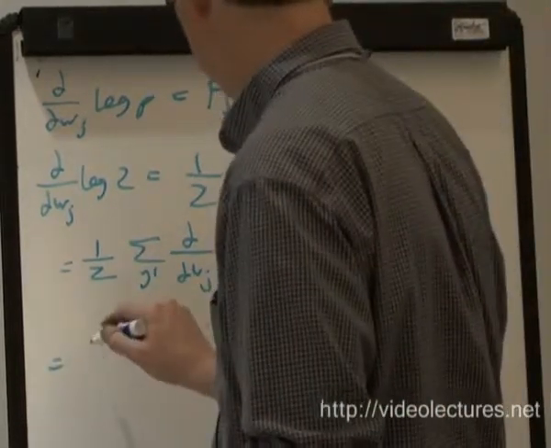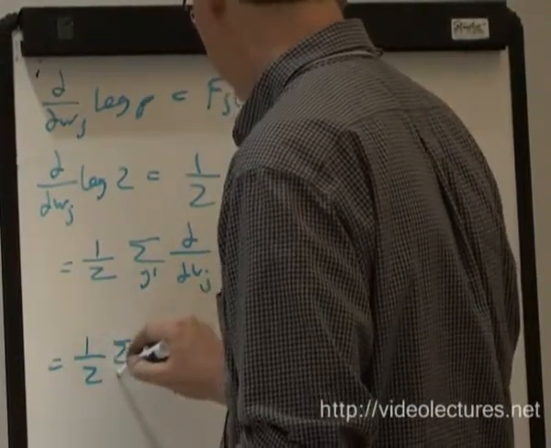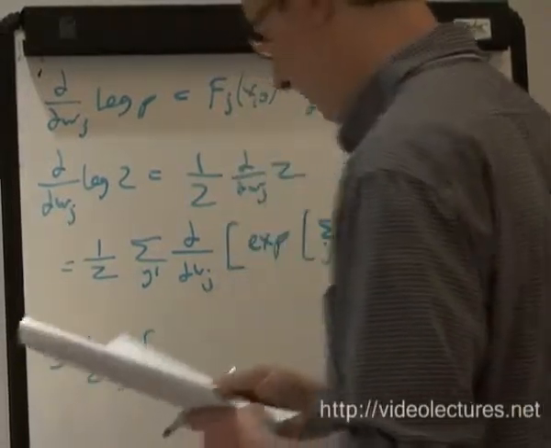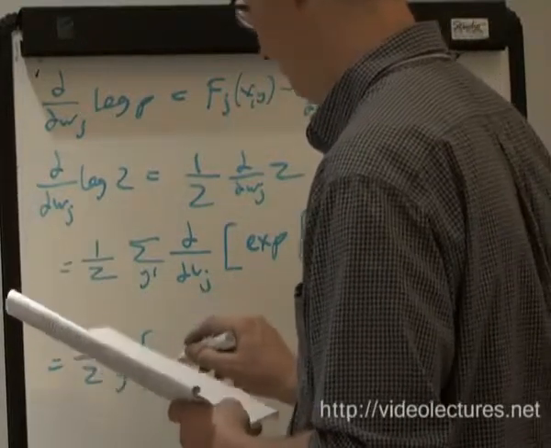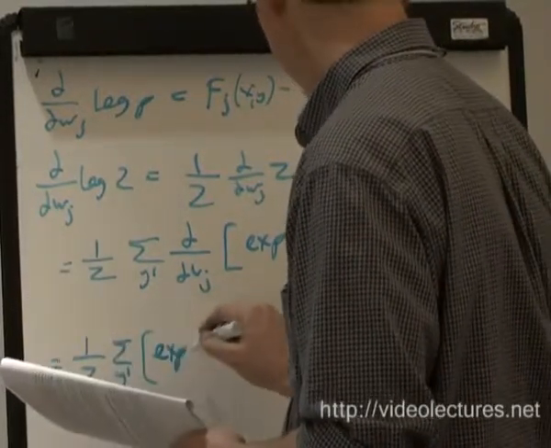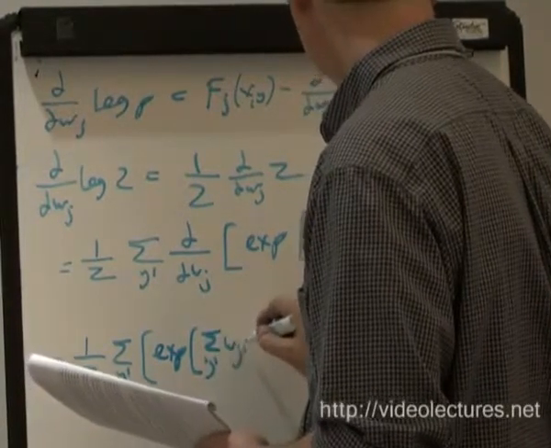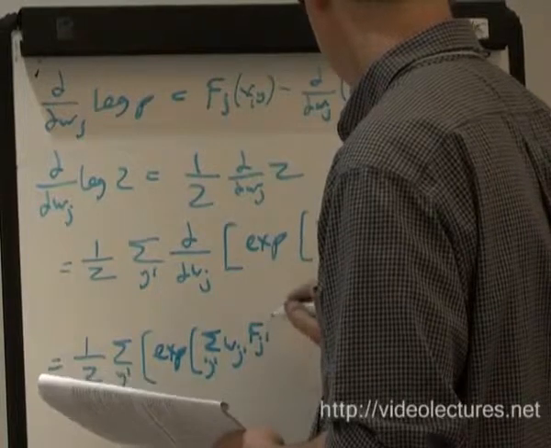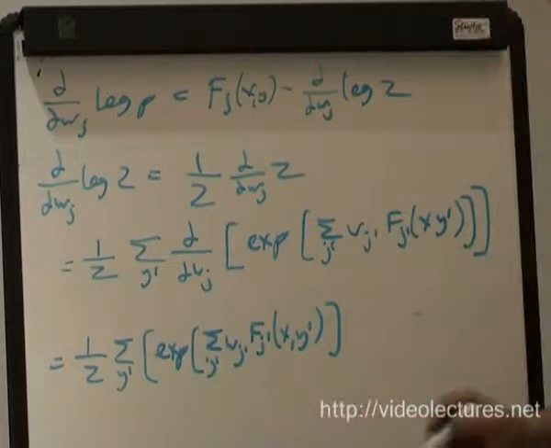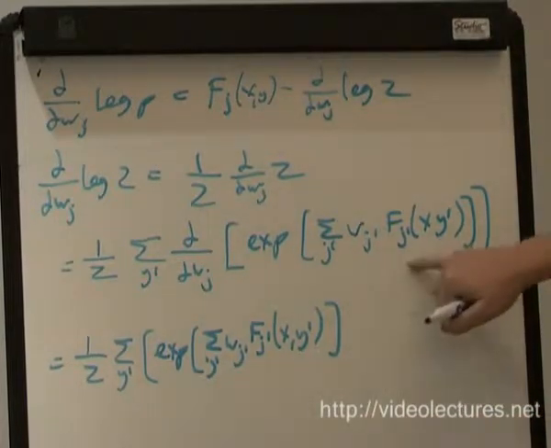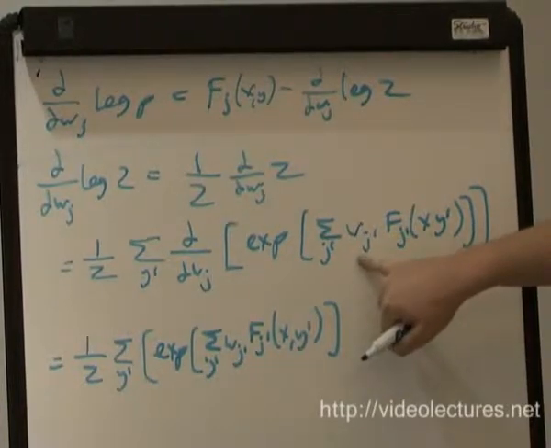So we have 1 over z sum over y prime, and then the exponential, which is this sum over j prime, wj prime, fj prime of x, y prime. And the derivative inside here, again, is just w of j prime.